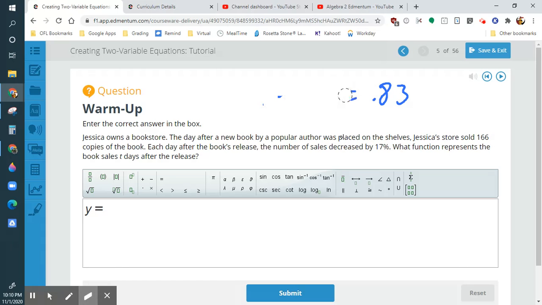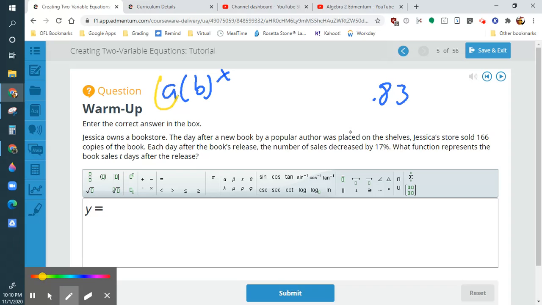When we're dealing with exponentials, the form is always our starting point, our growth factor, and then our exponent by whatever rate we're decreasing. So in this case, our starting point, our A as it were, would be how many sales it was as soon as it started.